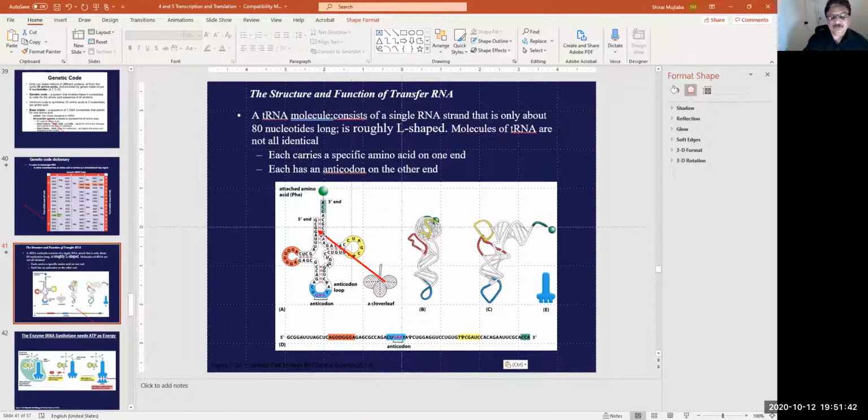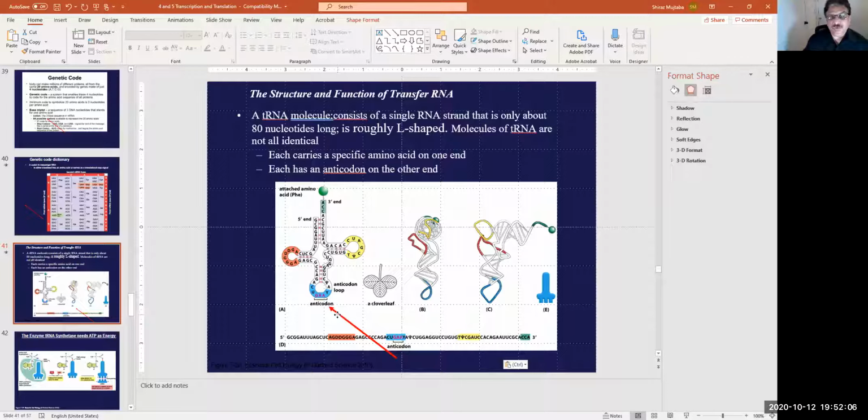So tRNA is a mix of double-stranded and single-stranded RNA. At some places, single-stranded RNA that cannot form a double strand forms a loop. And one such loop is called the anticodon loop. This anticodon loop is the loop that binds to the mRNA.